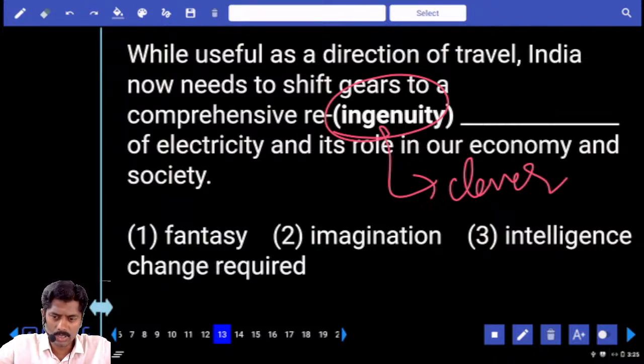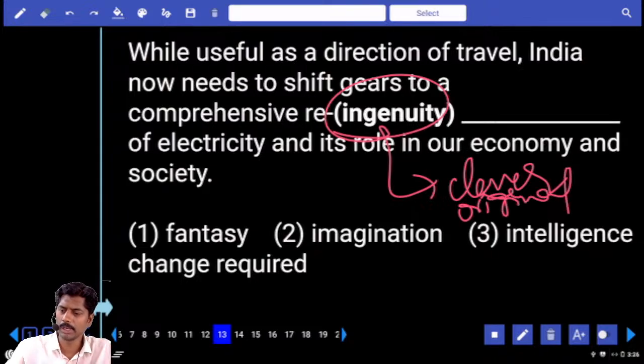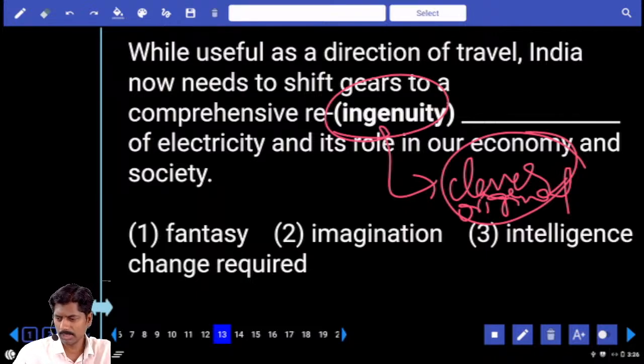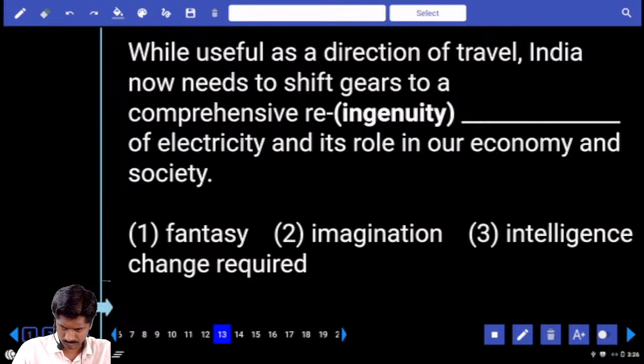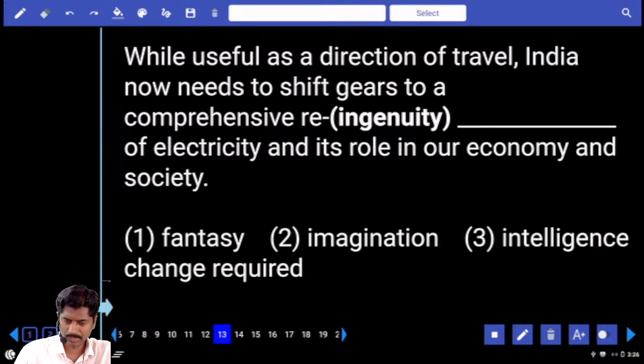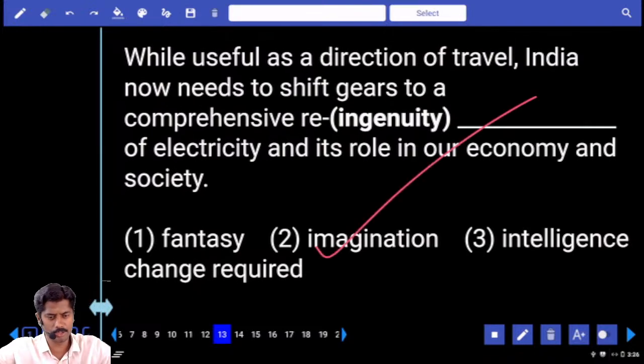Clever is called ingenuity. Clever, original, same meaning. Therefore, the third one and fourth one have similar meanings, you can eliminate them. Answer 1 or 2. Take the second option, reimagination.